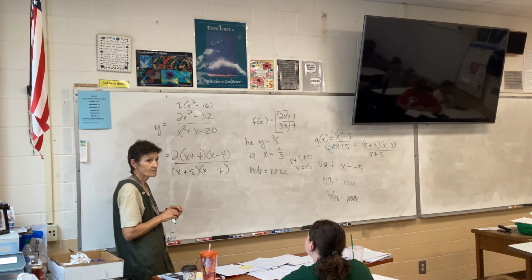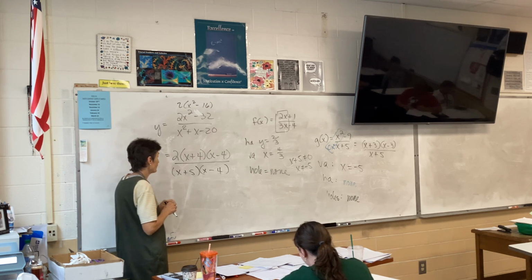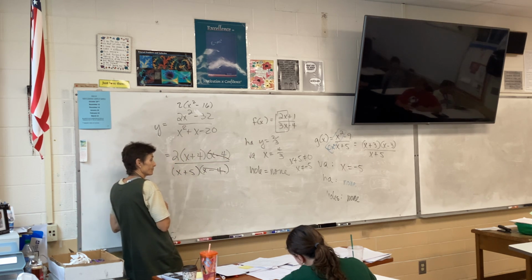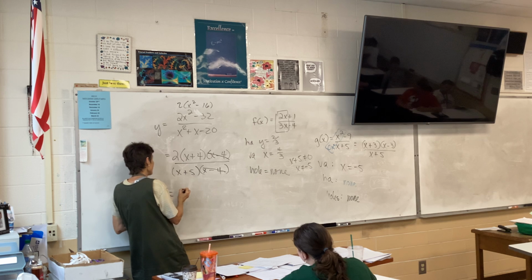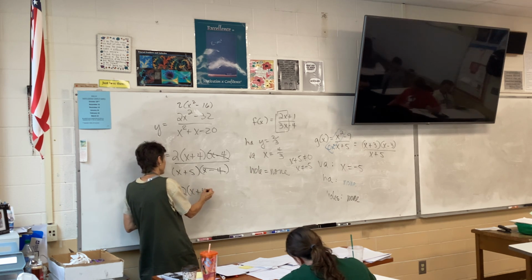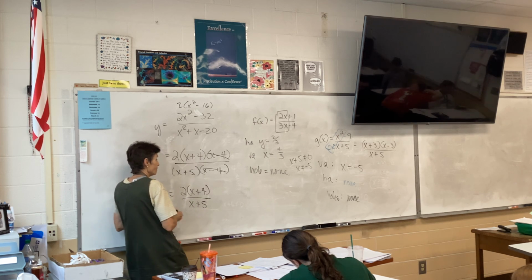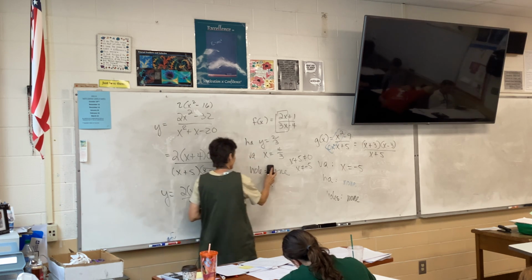Okay, what do you notice? We can cancel out an x minus 4. Now, the fact that we can cancel out an x minus 4 means we're going to have a hole.